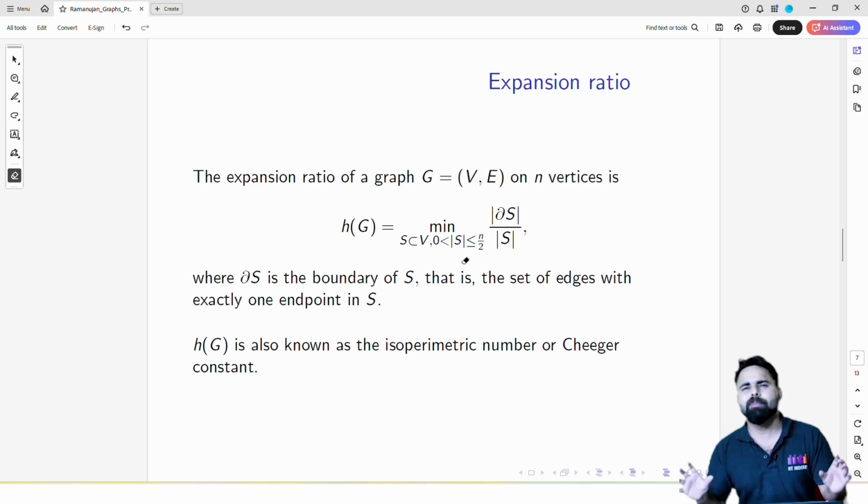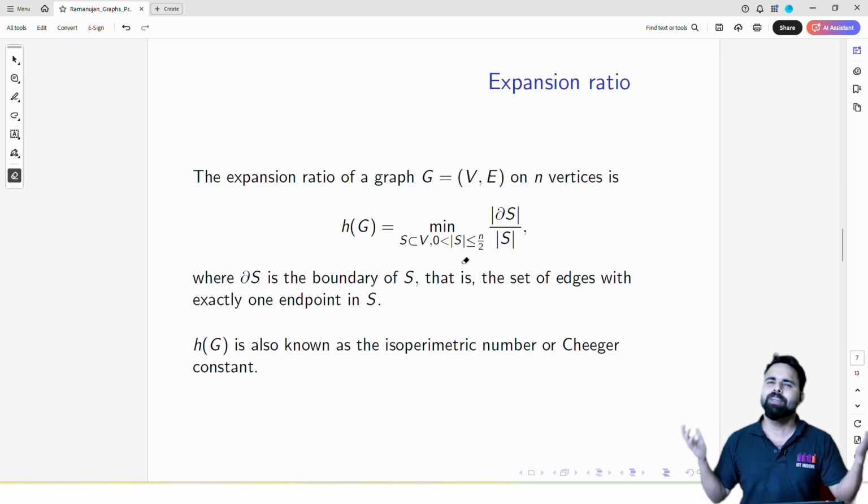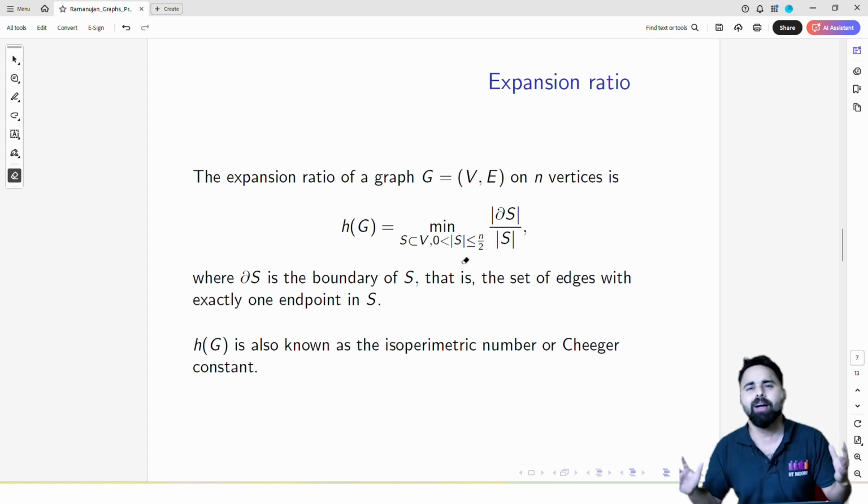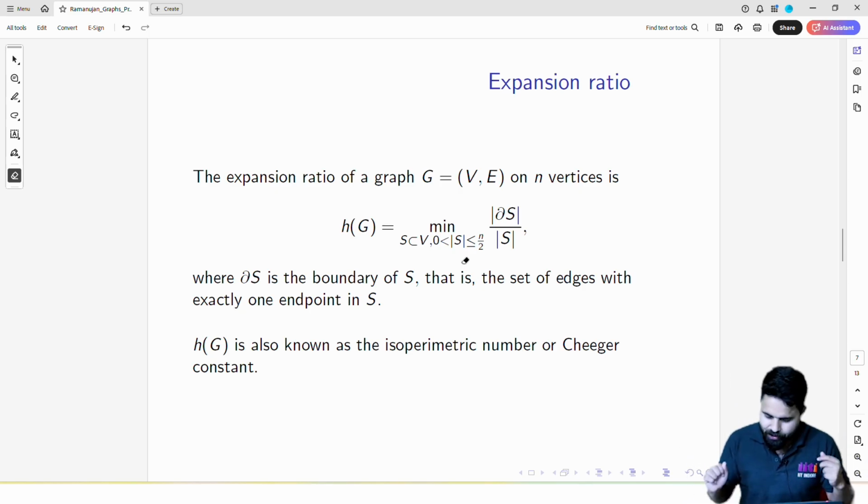By the way, for d-regular graphs, which we will mostly be dealing with, vertex expansion ratio and edge expansion ratio are equivalent. So we will be focusing on the edge expansion ratio. By expansion ratio we will mean the edge expansion ratio, and this ratio is also known as the isoperimetric number or Cheeger's constant.